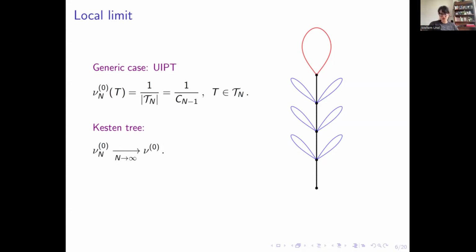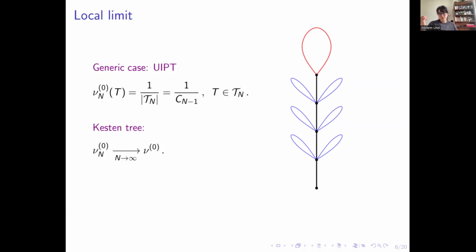And we know how to count them. We know that they are given by Catalan numbers, the number of trees in a set of size n. And when I want to put the uniform measure, I just say that the value of a tree of size n under this measure is given by 1 over the number of trees in this set. So we have the uniform measure.